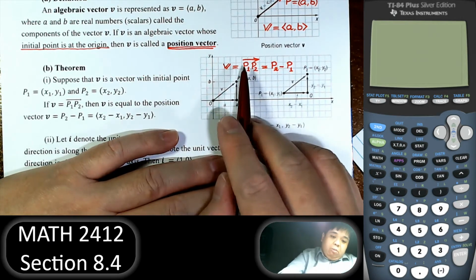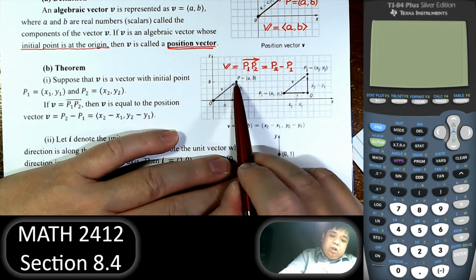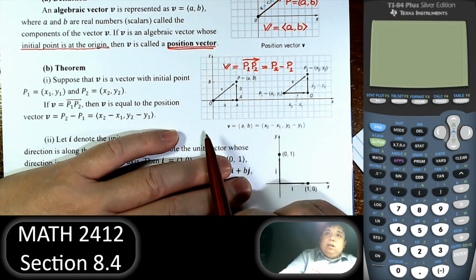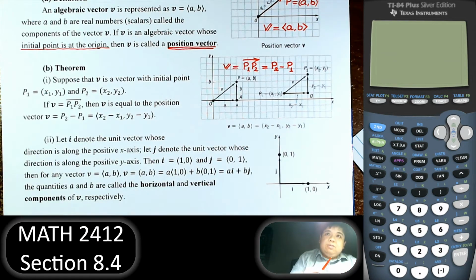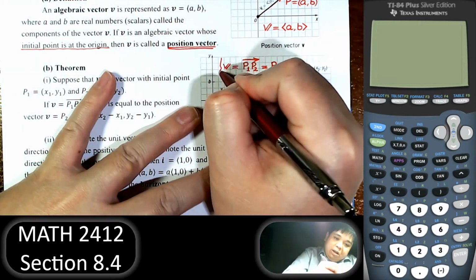So from P1 to P2, it's going to be P2 minus P1. Final minus initial. The head minus the tail. So keep this in mind.